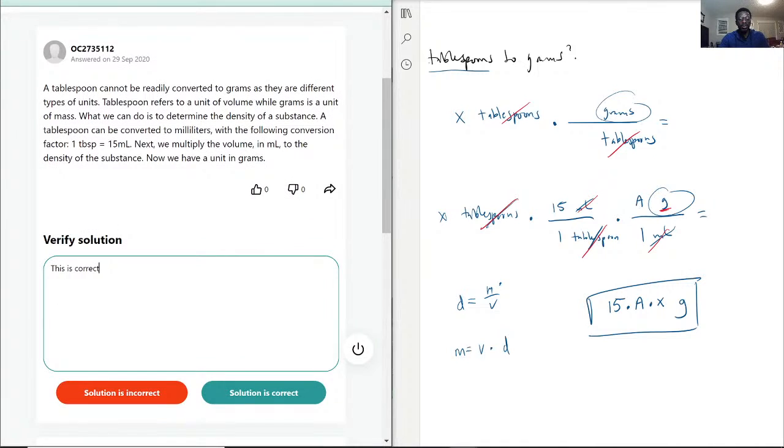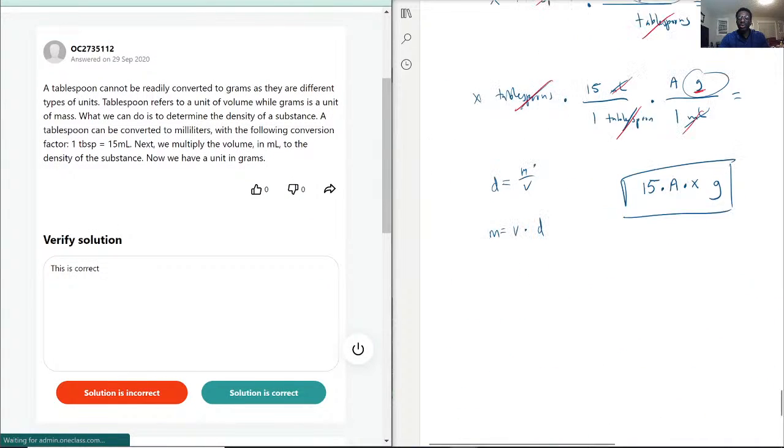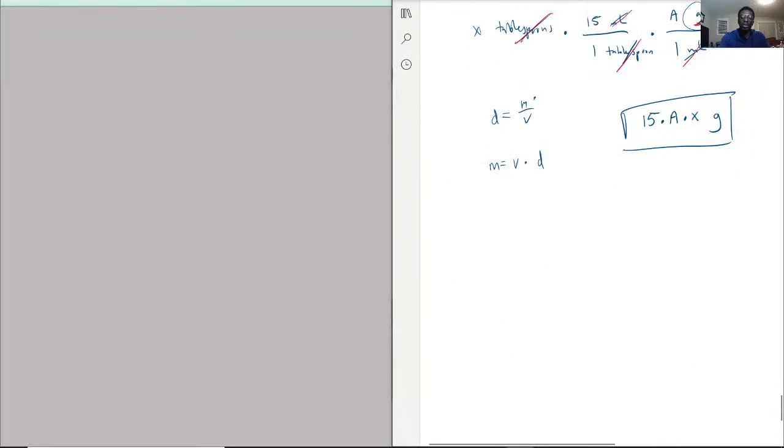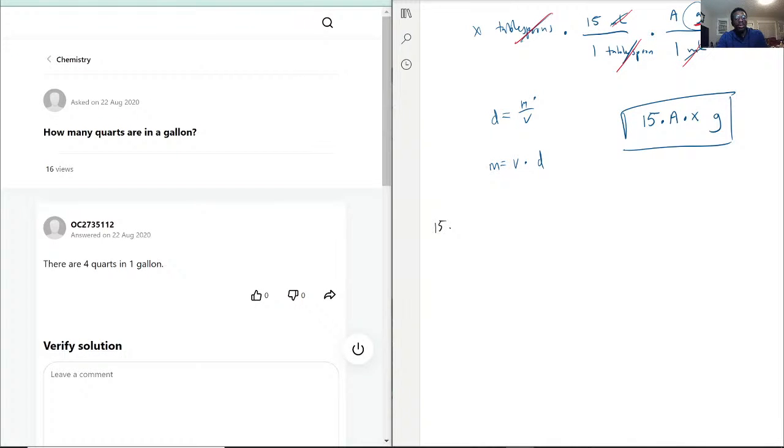So let's move on to the next question. Question 15. This question is asking how many quarts are in 1 gallon. Well, the hint is in the name, but we're still going to go through this using the structure we had earlier, the structure being that we want to make sure that we have what we're starting with, which is quarts.